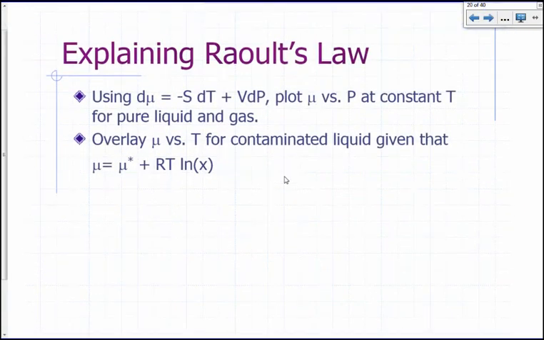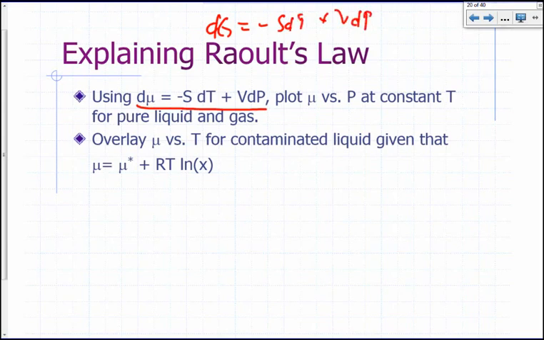All right. How can we explain Raoult's law using this equation right here? Remember, dG is equal to minus S dT plus V dP. So d mu is negative S bar dT plus V bar dP. Right? So what would happen if we were to plot mu versus pressure at constant T?